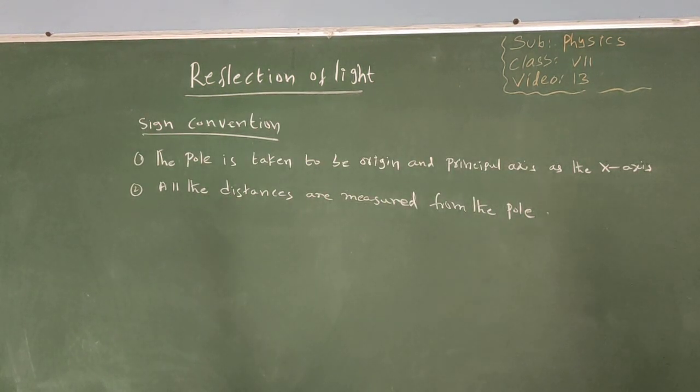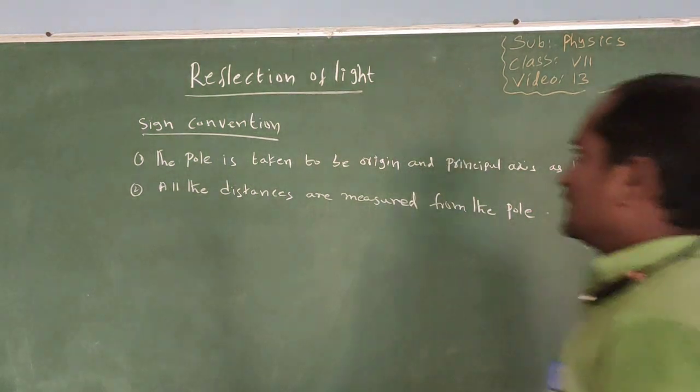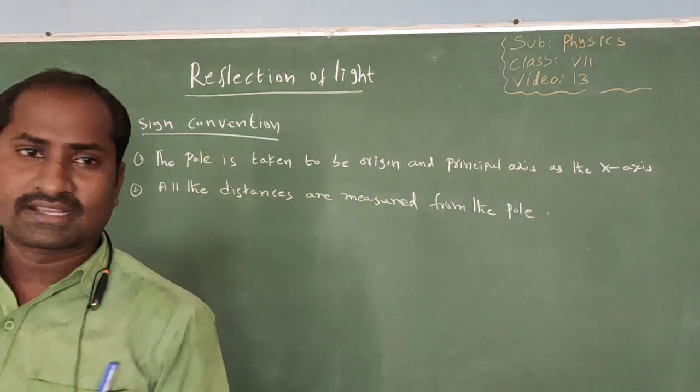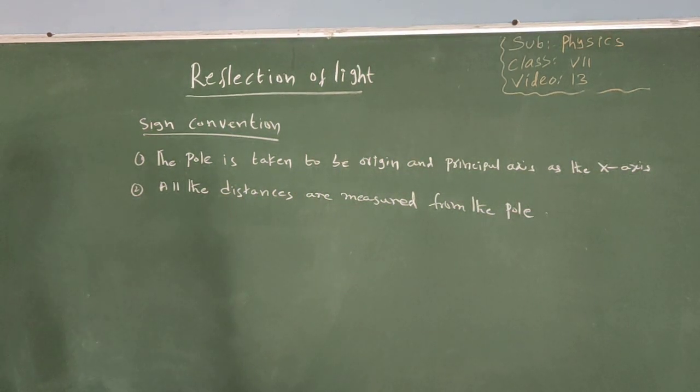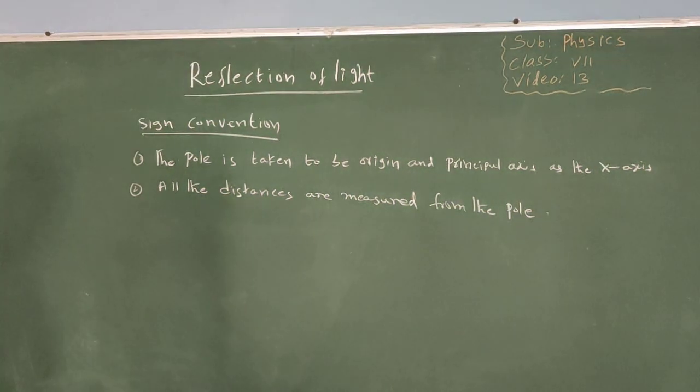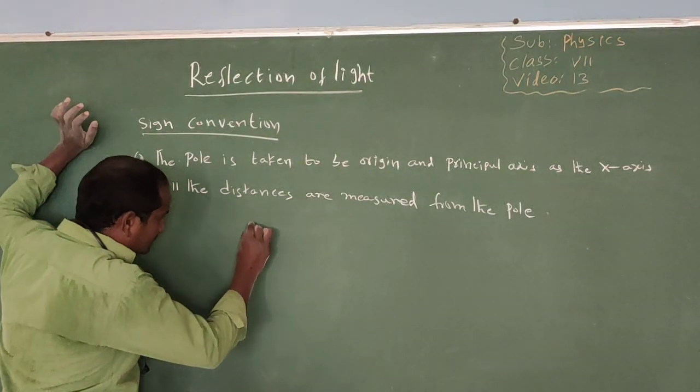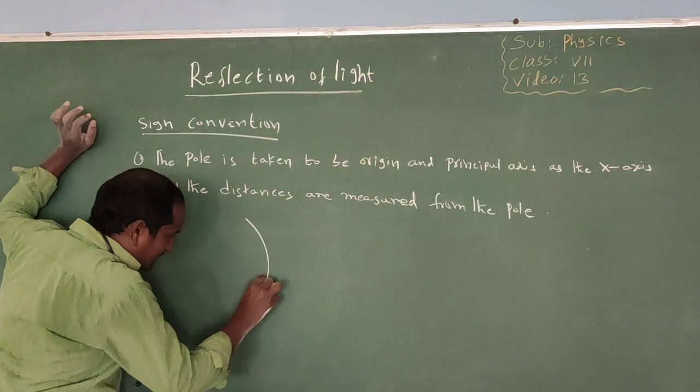Sign convention. The pole is taken as the origin and the principal axis is taken as the x-axis. All the distances are measured from the pole. For example, let us consider a concave mirror.